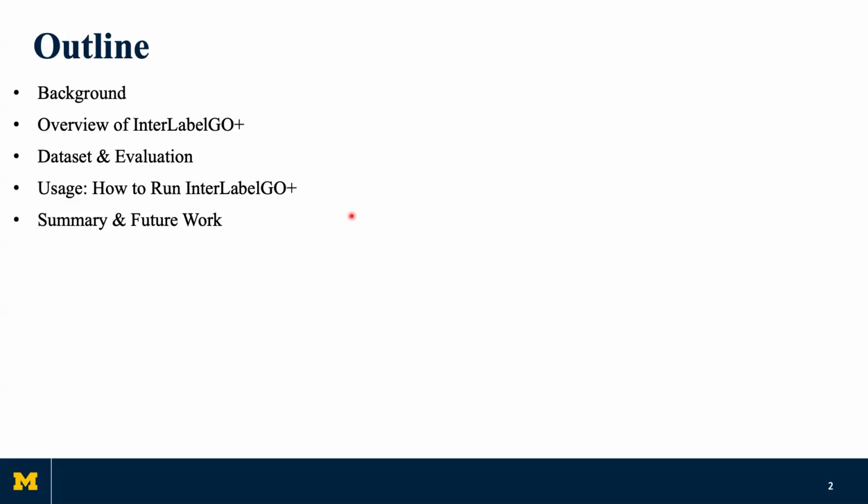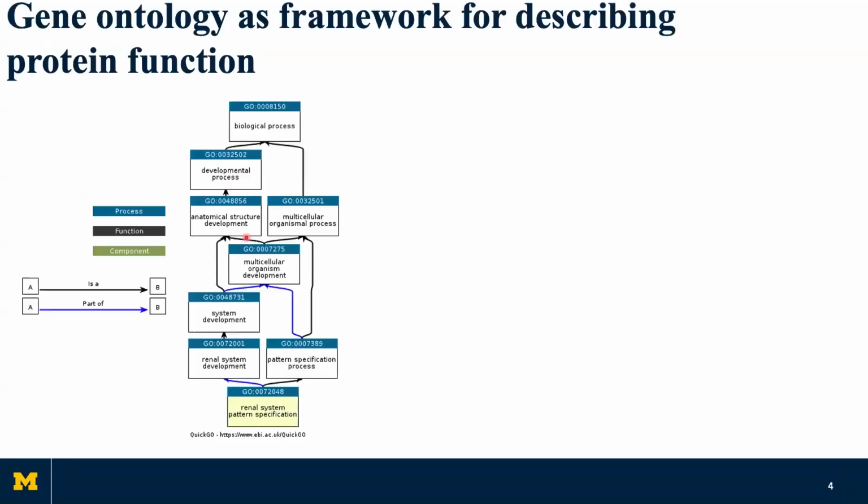Then I will go through the dataset we use for evaluation and show some results and benchmarking compared with the current state of the art methods. Then I will have a small showcase of our web server and standalone package. Finally, the summary of the work. So first, let's move into the background.